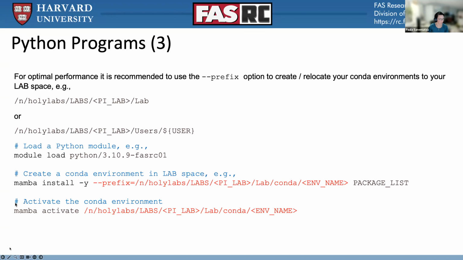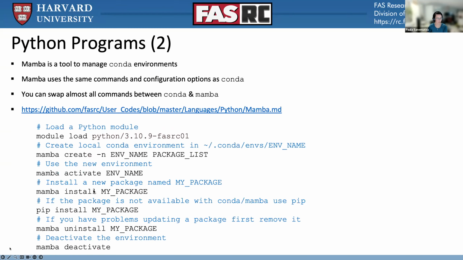And to create the environment, instead of doing -n and name, you would do --prefix and the path. And to activate, since it doesn't have a name, it only has a prefix, you activate with mamba activate and the path that you chose to create the Conda environment.